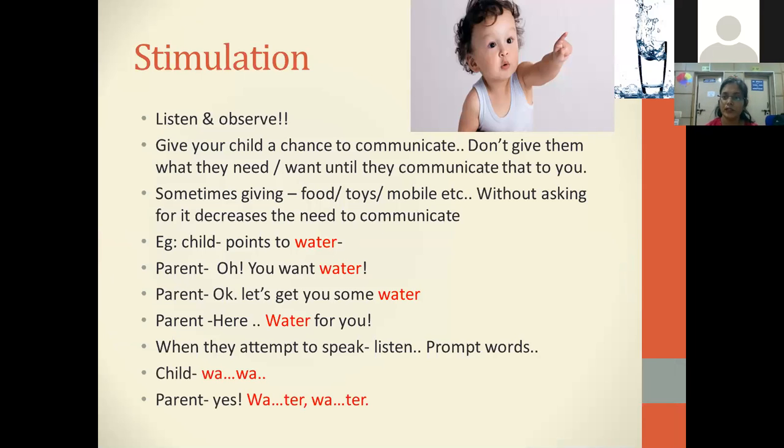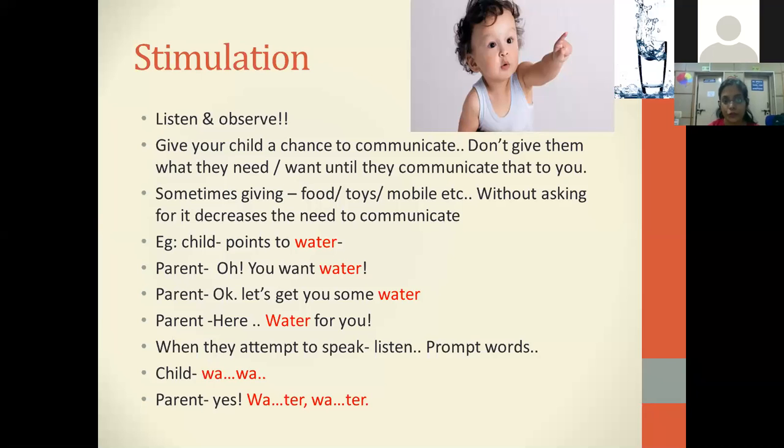I know that many children throw temper tantrums, but sometimes giving food, toys, mobile, etc., without asking for it decreases the need to communicate. So, for example, if the child points to water and has not learned the word water yet, you can actually name the target word. Oh, you want water. So the parent says, okay, let's get you some water.